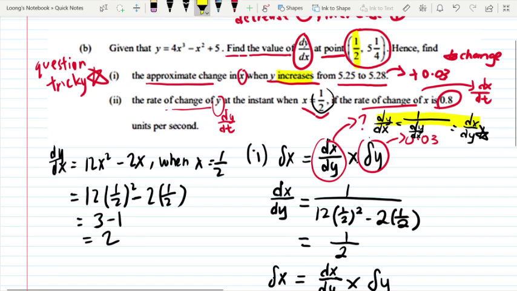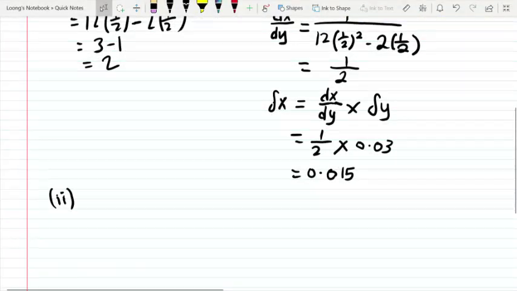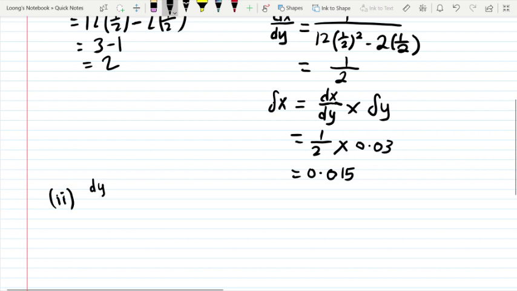So dy over dt equals dx over dt, using the chain rule, times dy dx.